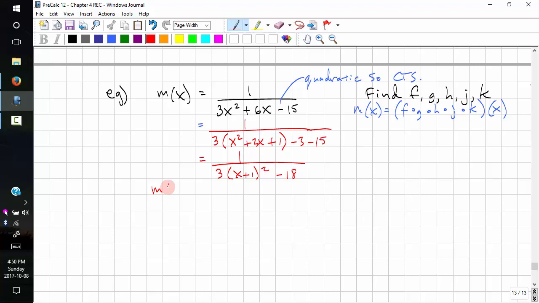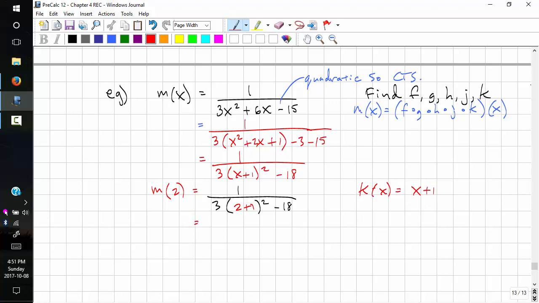And again, we substitute a value. Let's say 2. So we have 3 bracket 2 plus 1 bracket squared minus 18. That means our k of x is x plus 1.